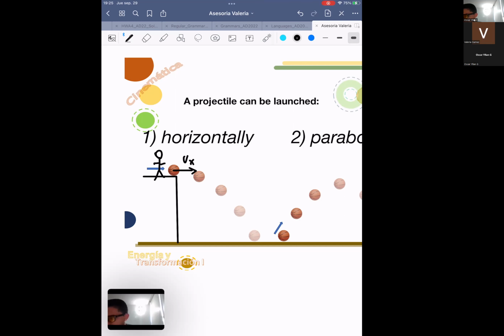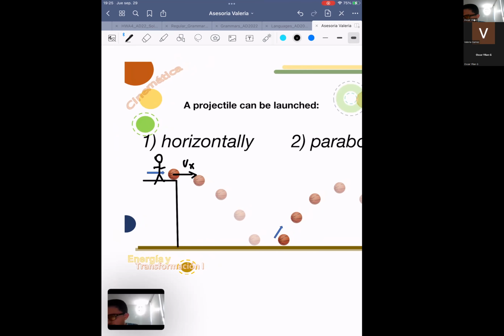So you are going to have that your original velocity in x is some value, but your original velocity in y is going to be equal to 0. Why? Because you don't have a component in y.